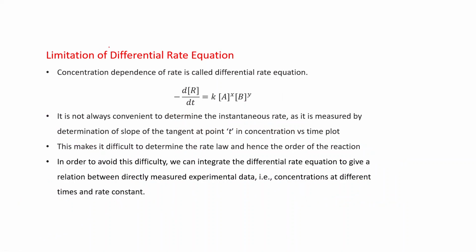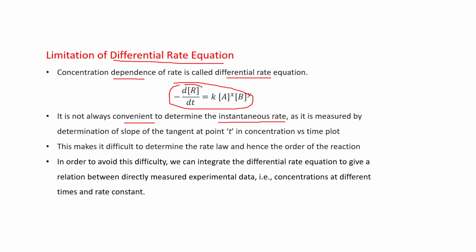In the previous videos we have discussed the differential rate equation, but these equations have some limitations. Actually, this is the form of differential rate equation. Concentration dependence of rate is called differential rate equation. It is not always convenient to determine the instantaneous rate.